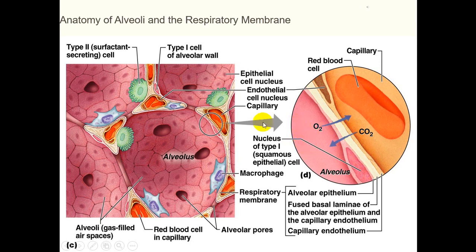We can also observe some pores in the alveolar walls, and these pores are there to equalize the pressure among the alveoli. We can also observe macrophages, which are the first line of defense here in the alveoli. So after this exchange, the deoxygenated blood is converted into oxygenated blood, and the pulmonary capillaries then drain into the pulmonary veins, which take the oxygenated blood towards the left atrium.